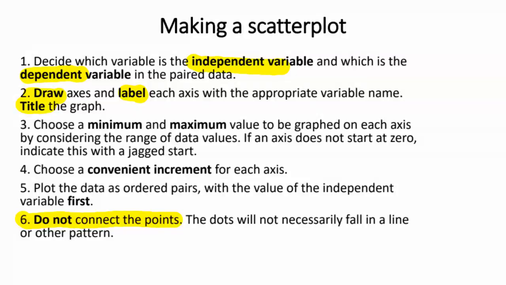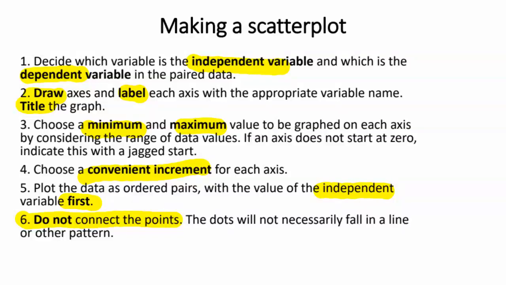Now, you're going to have to choose the minimum and maximum values. That means if my table shows 5, and the next highest one is 25, I am going to do 0 to 30, and then I'm going to make it into convenient increments. And I'm going to remember that the independent variable is the first one in an ordered pair.